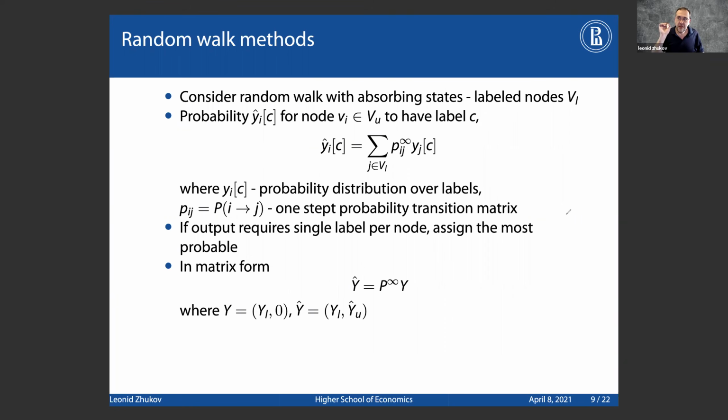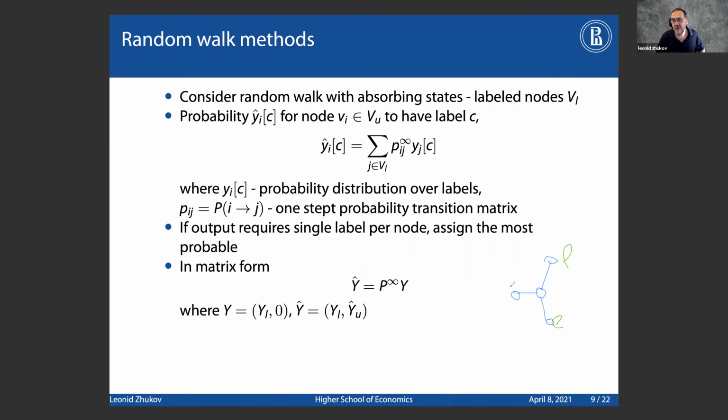So the label of the node from which the walk starts is determined by the labels of the absorbing nodes, and you just calculate the probability that the walk ends up there. If you think about this for a second, let's say there is this node, and these are direct connections, and here are 3 nodes, each labeled green.